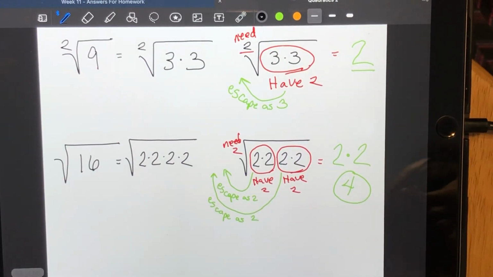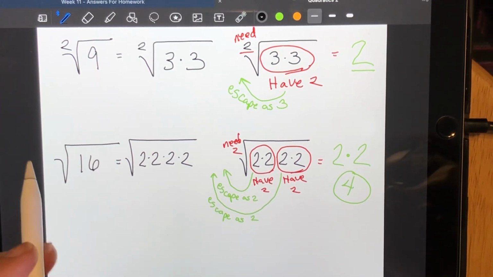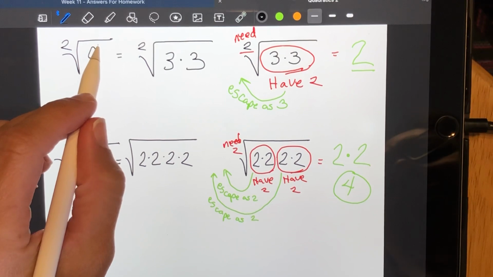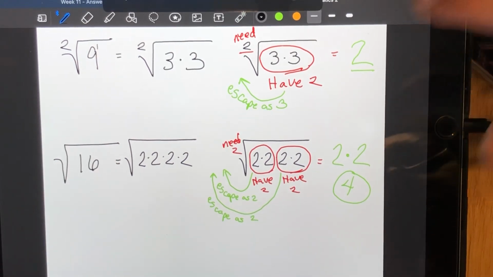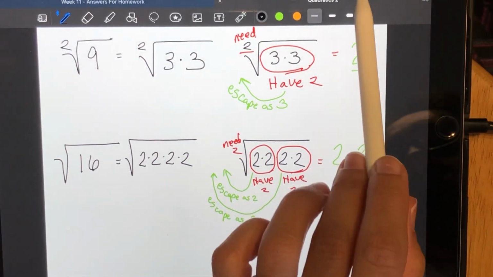So if I had the square root of 2, the important thing to notice is that when we have a square root, in the same way that if I were to write the number 9, my 9 technically has the exponent of 1 on it, but we don't have to write that exponent.